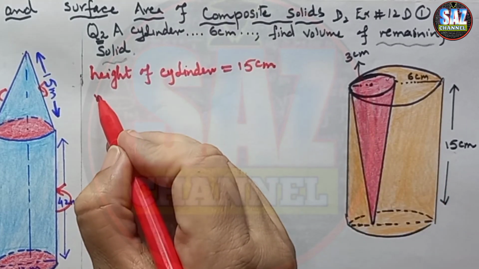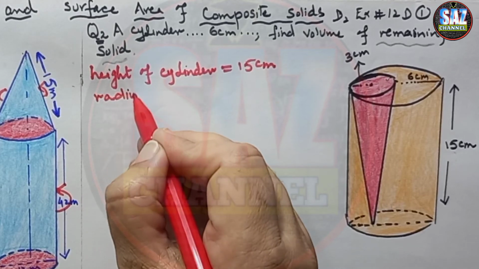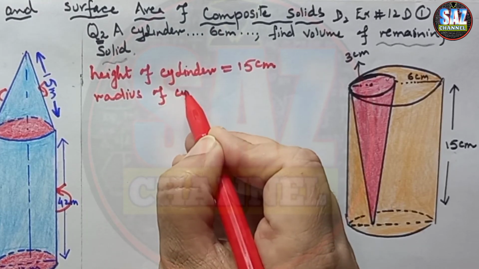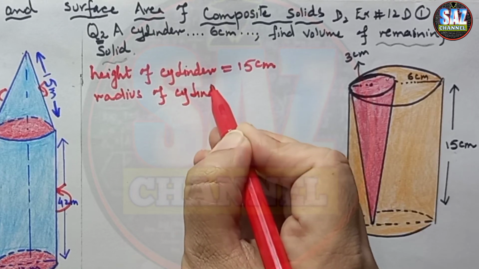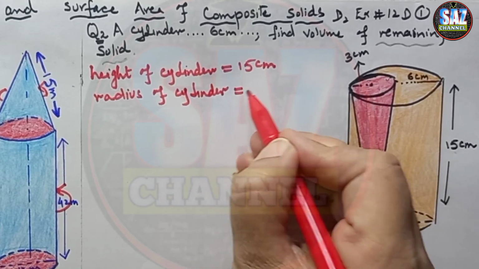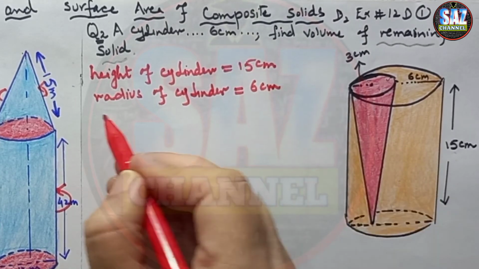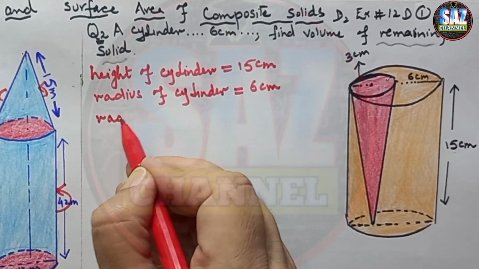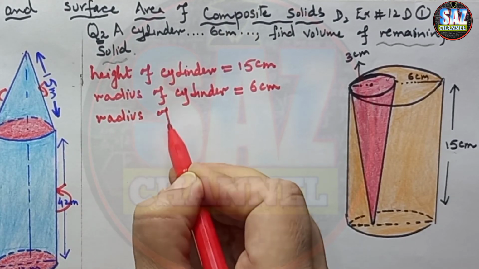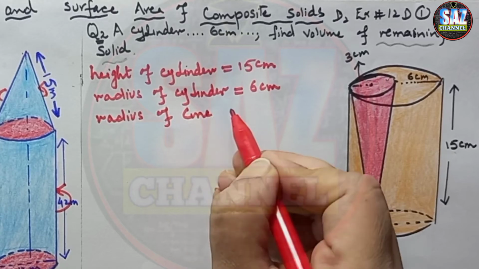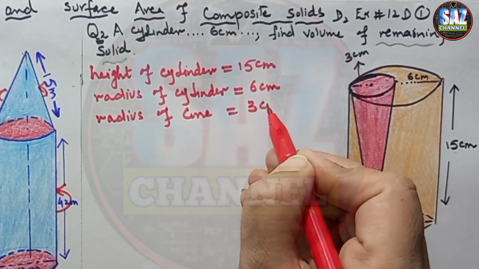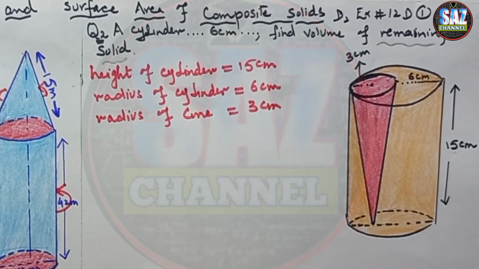The radius of the cylinder is 6 centimeter and the radius of the cone is 3 centimeter. We have to find the remaining volume.